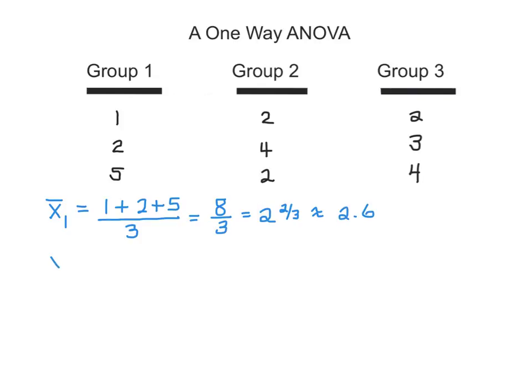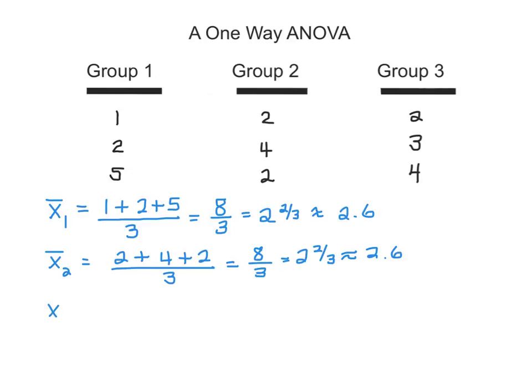Now the mean for group 2: we sum up our values 2, 4, and 2, divided by the total number of values, and this is also 8 over 3, which again is 2 and 2/3, approximately 2.6.